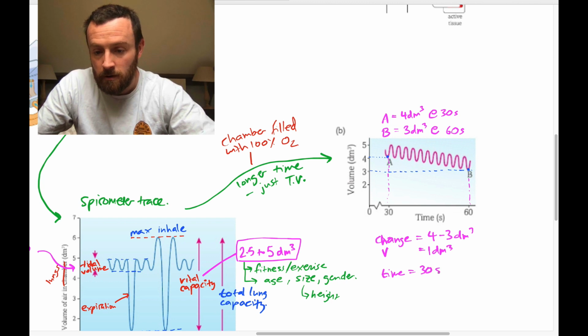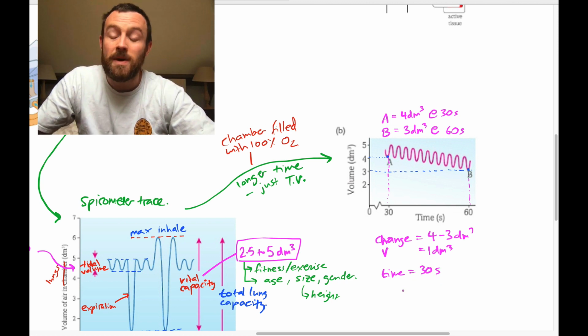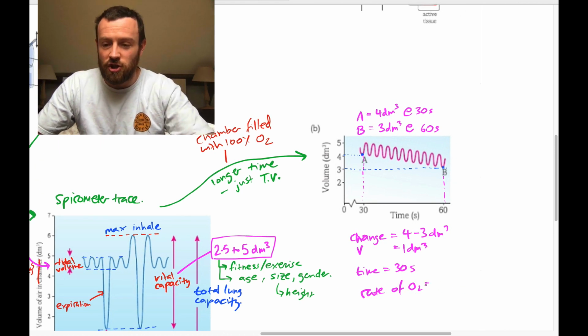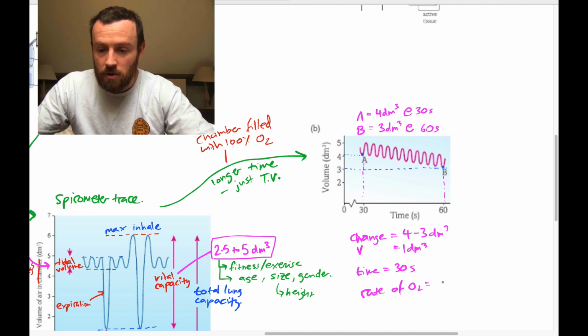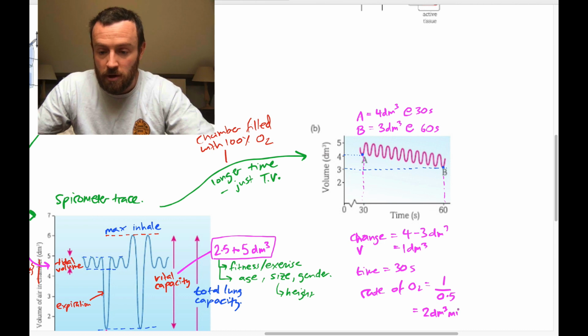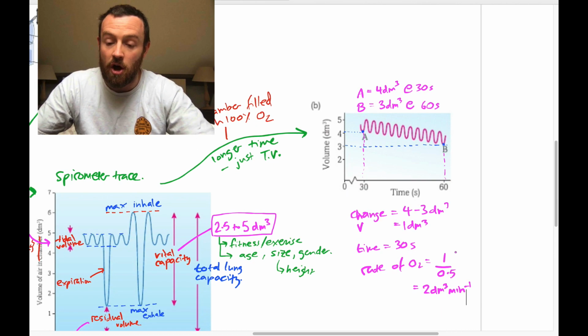Time equals 30 seconds. So we can have a rate of uptake. Rate of oxygen use is equal to, well, you could do it either as 1 divided by 0.5, and that would give you 2 dm cubed per minute, because 30 seconds is half a minute.